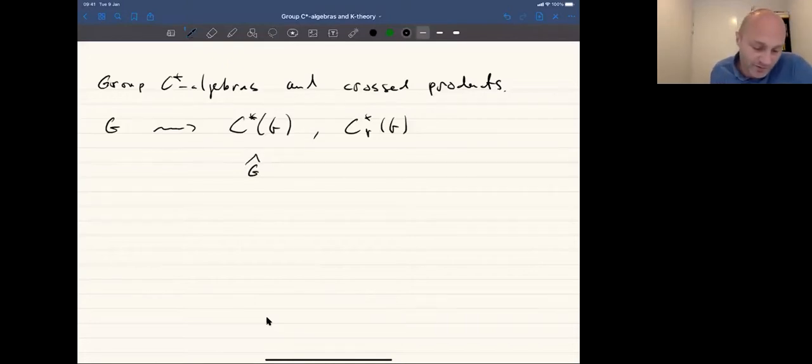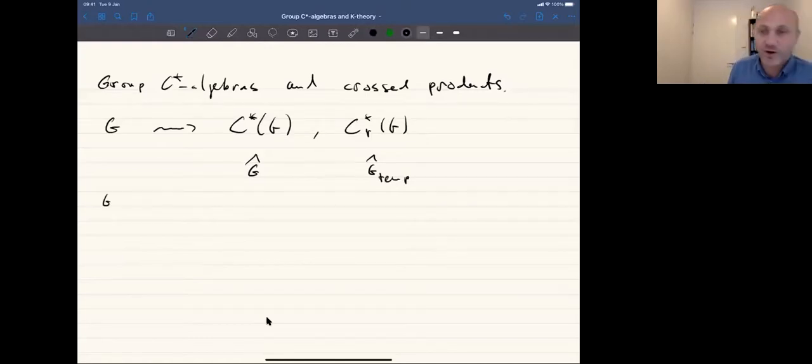The C-star algebra of G, this is sometimes called the full C-star algebra, is related to the unitary dual of G, whereas this reduced C-star algebra is related to the tempered dual. And we will see that the representation theory of G can maybe in some sense be understood in terms of these algebras.